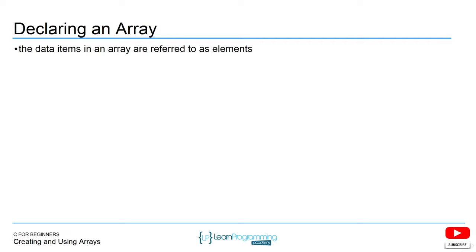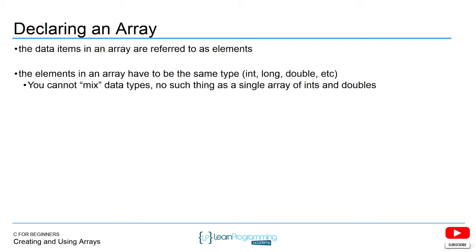If I'm saying the term element, that means I'm referring to an item in the array. Because remember, an array is going to have many different values, but with the same name. And as we mentioned, the elements in the array have to be the same type. You can't mix and match data types. You can't have an array of 5 ints and 5 longs. There's no such thing as a single array of multiple data types.